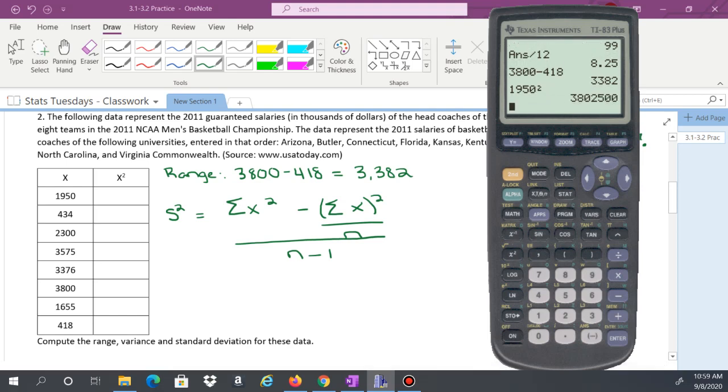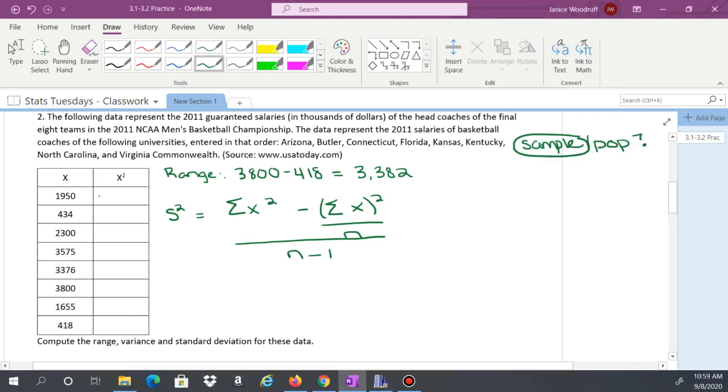That's going to be 3,802,500. I'm just going to do these ones by hand here, so I'm not pulling up the calculator every time.